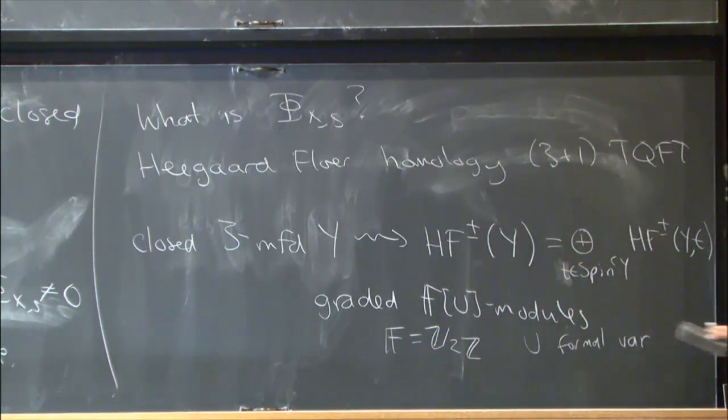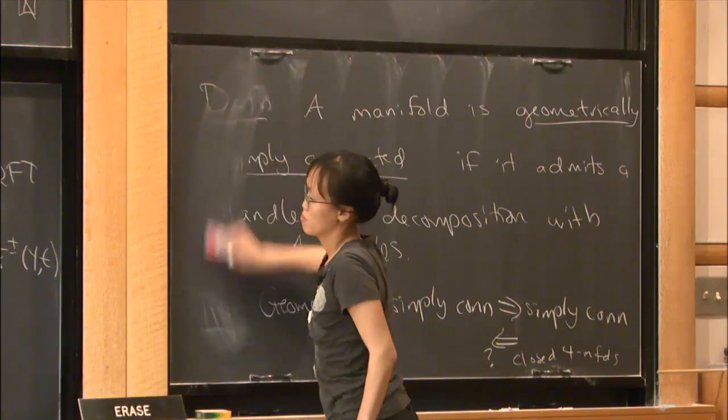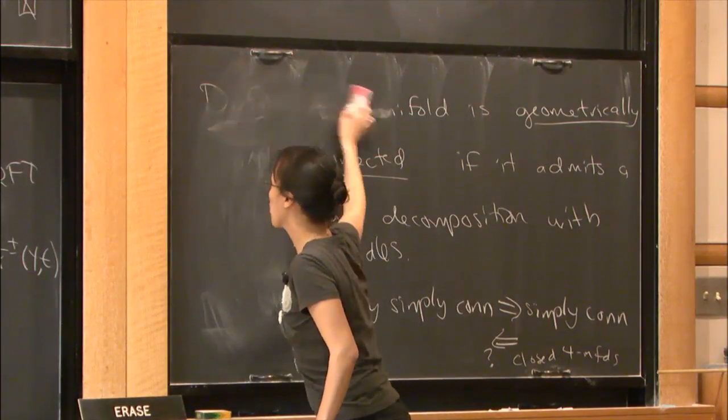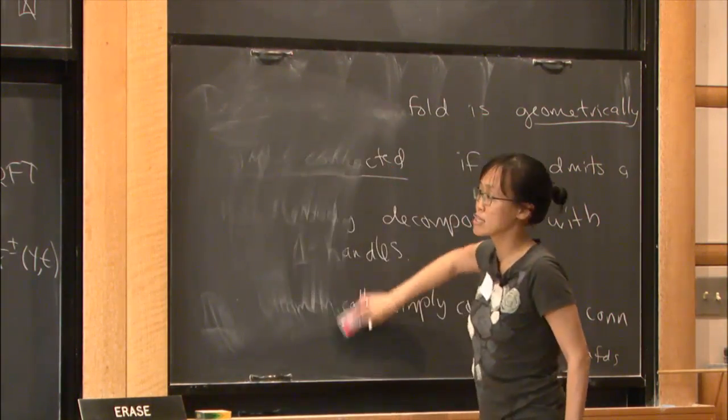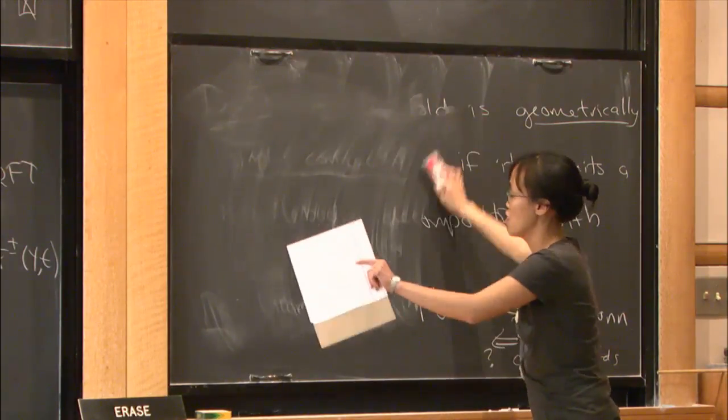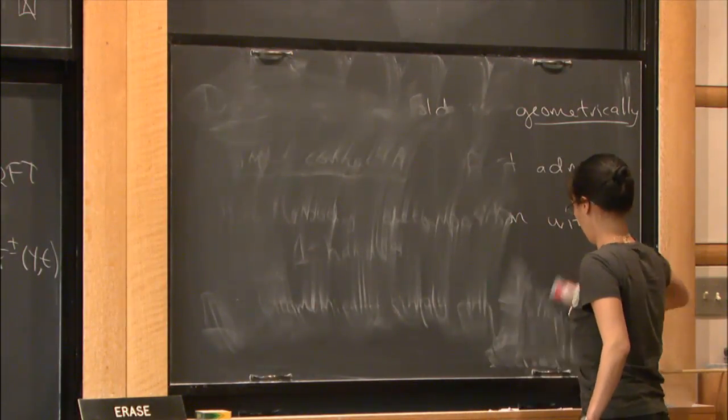And so now if we have a cobordism between two three-manifolds, that's going to induce a homomorphism between the respective Heegaard Floer homology groups.